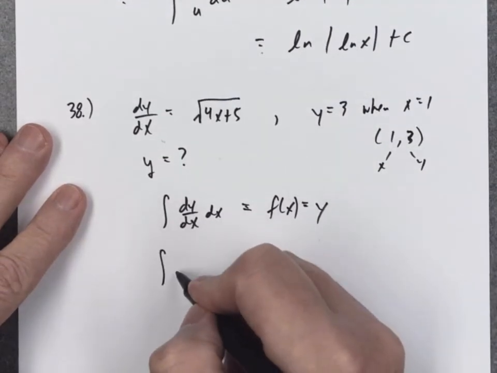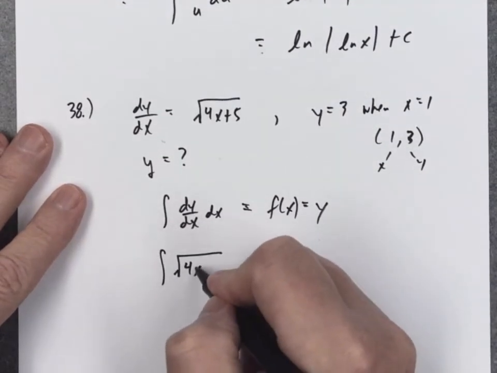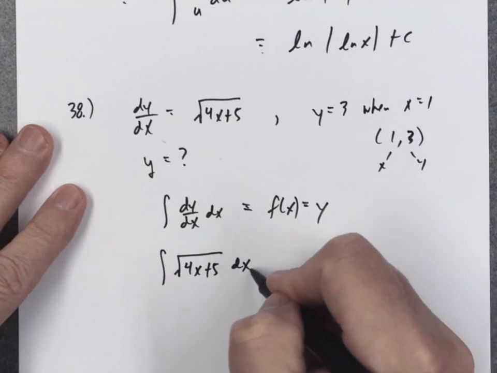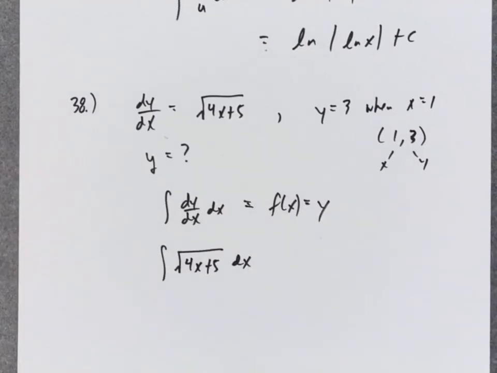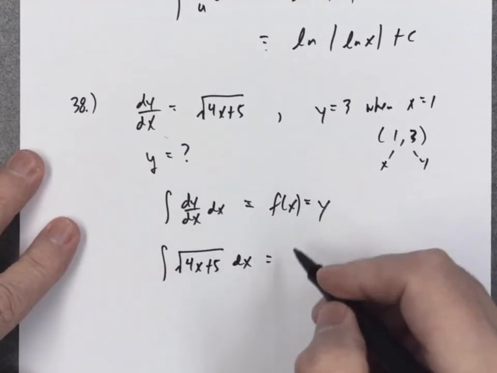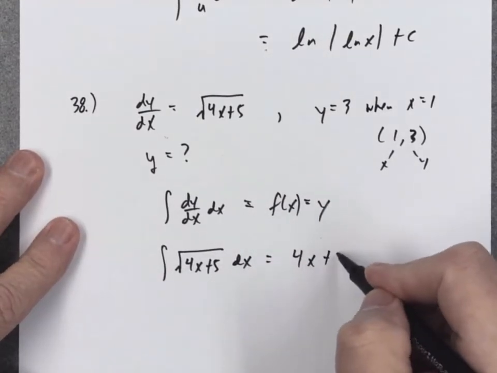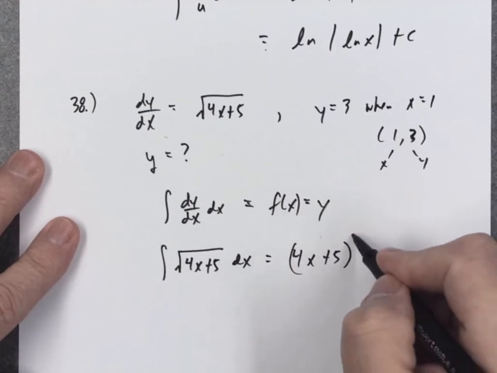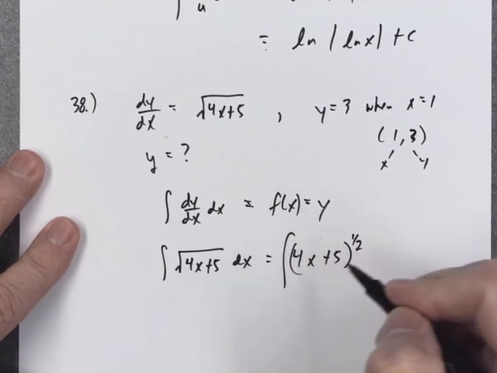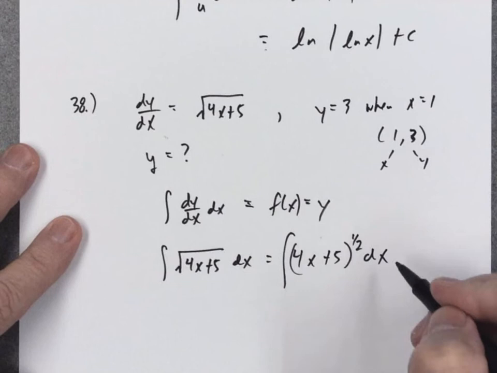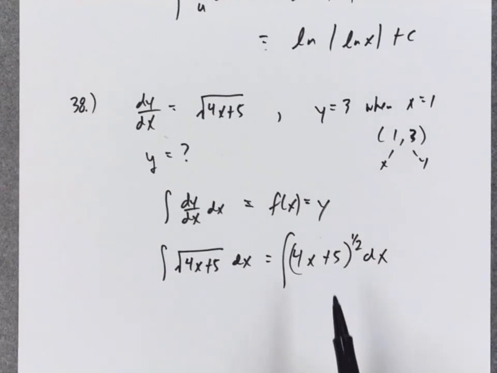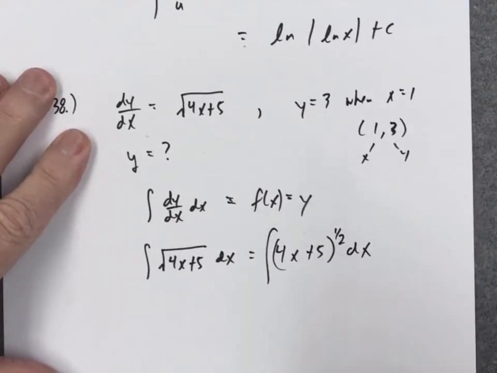So this becomes a problem of what's the integral of square root of 4x plus 5. Of course, I'm not going to leave it like that. How do I integrate that? That actually looks like a good candidate for substitution.